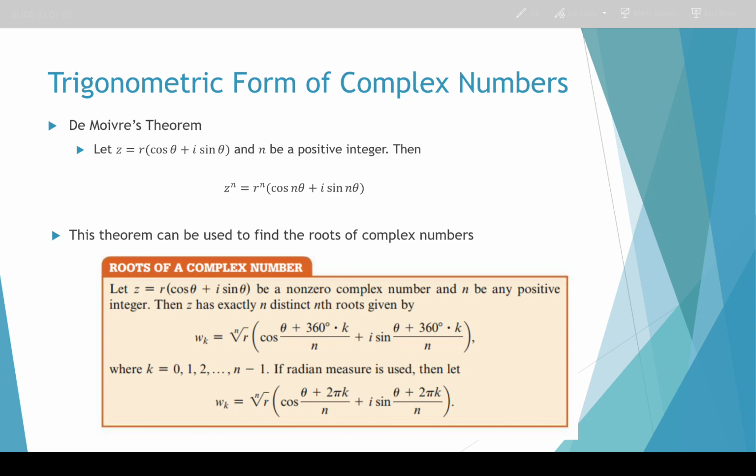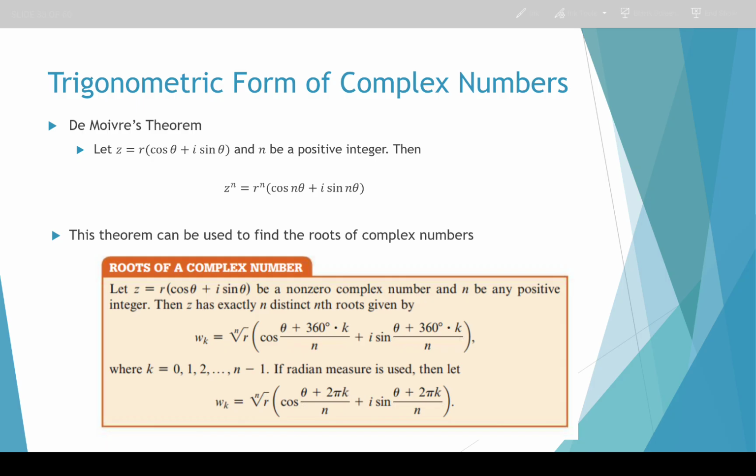So z is a non-zero complex number, and n is any positive integer, then this has exactly n distinct nth roots.